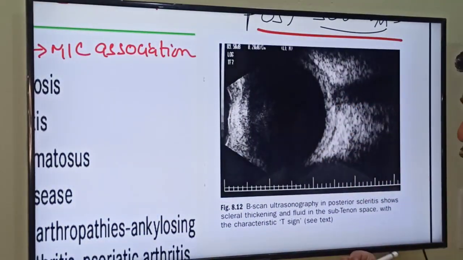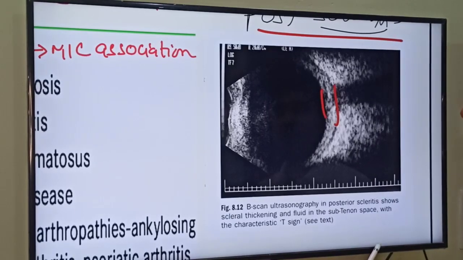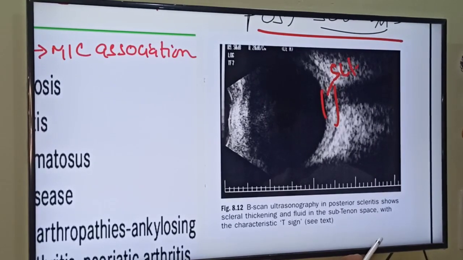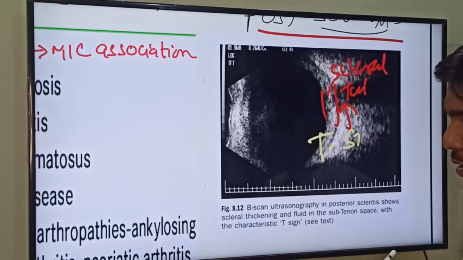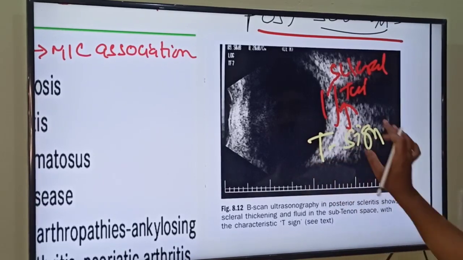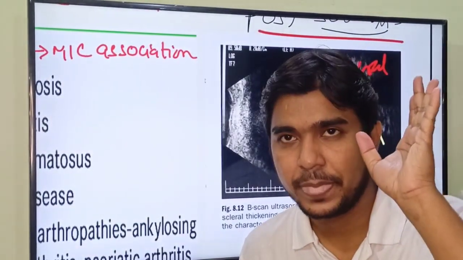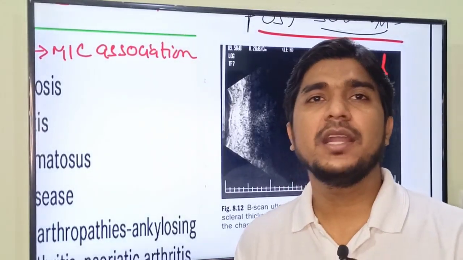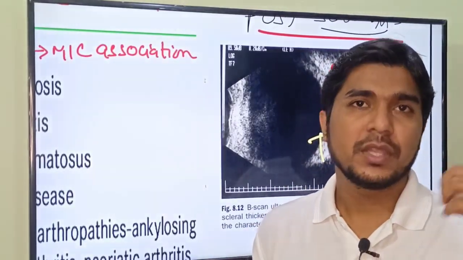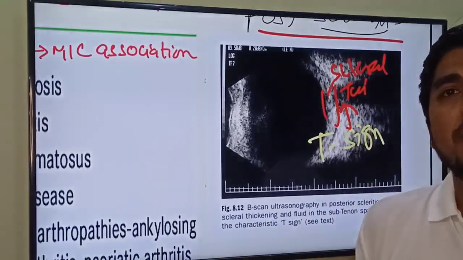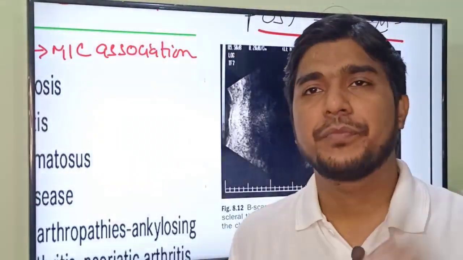Just see this photo: you will find scleral thickening, and this is what we call the T sign. This T sign is characteristic of posterior scleritis. It can also come as a one-liner: the T sign is characteristic of which condition? The answer is posterior scleritis.